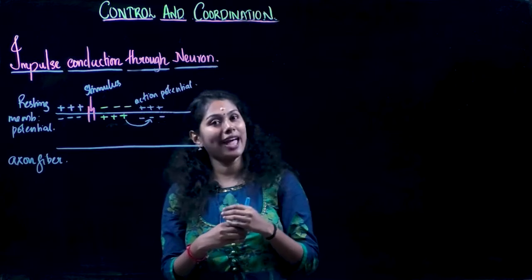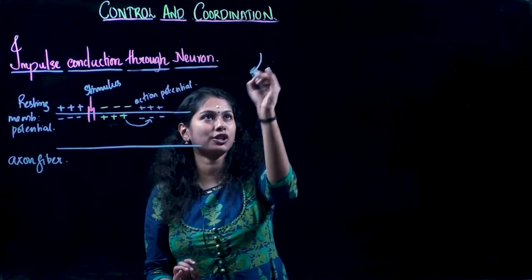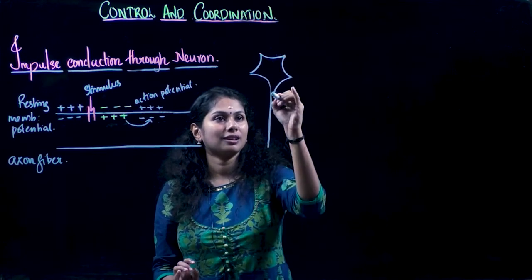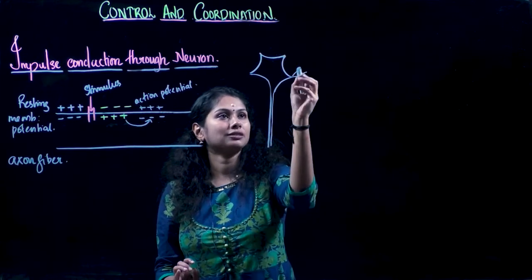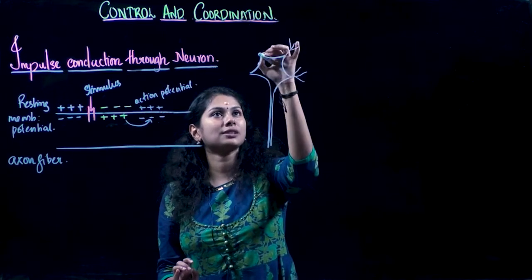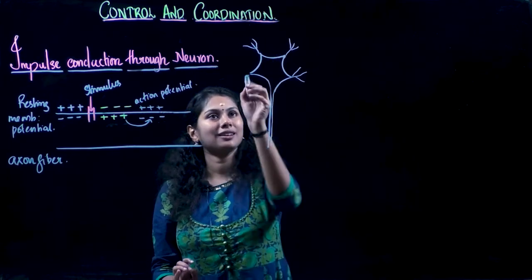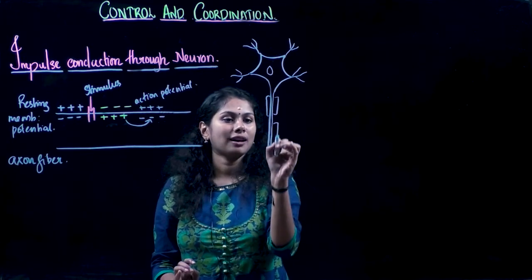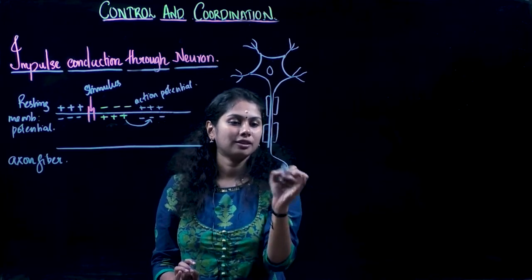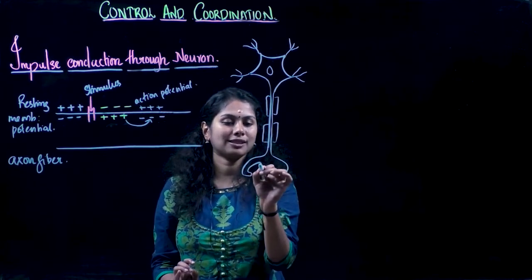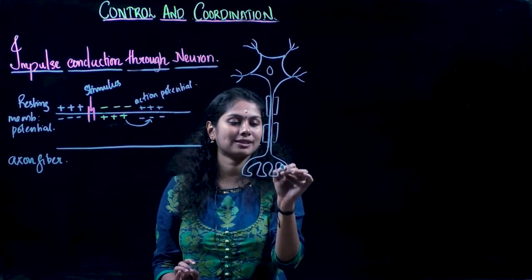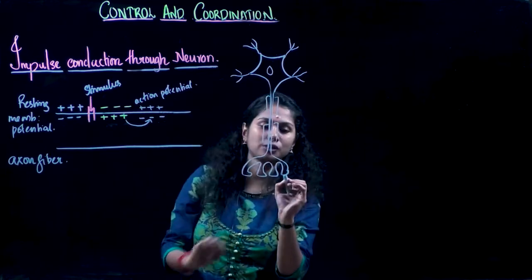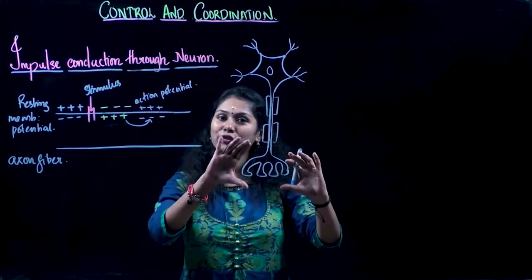And what happens at the end of an axon? As we know the structure of a neuron, it has dendrites which receive impulses from the receptors, and there is the cell body and there is the axon fiber, and as we have said, through the axon fiber these impulses are transferred as electrical impulses all through the length, and it reaches up to this knob, and it is the end of one neuron.